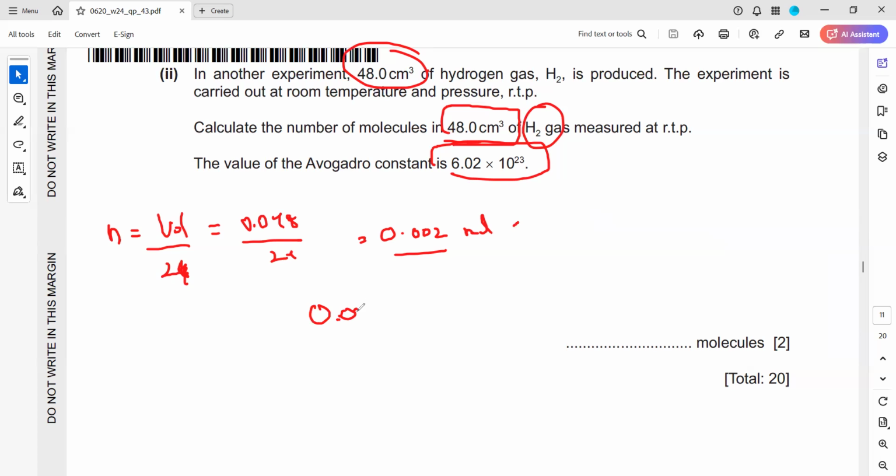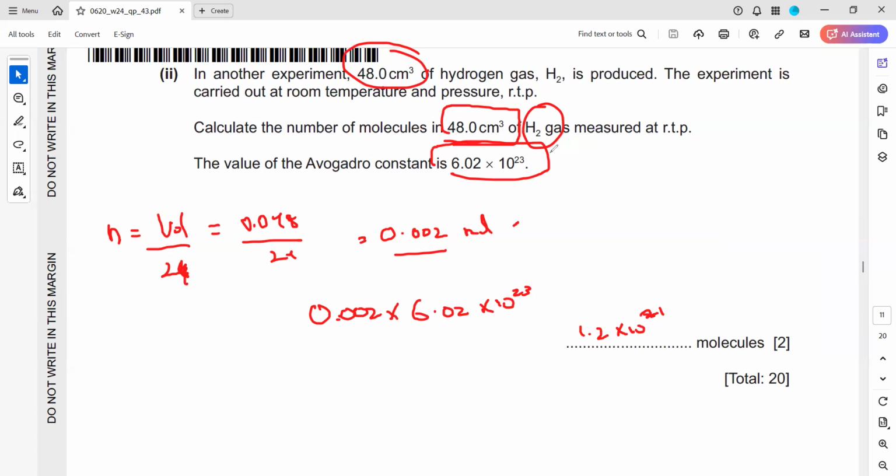So moles, which is 0.002, multiply by Avogadro's constant to know the number of particles. So 1.204 exponent 21 particles or molecules.